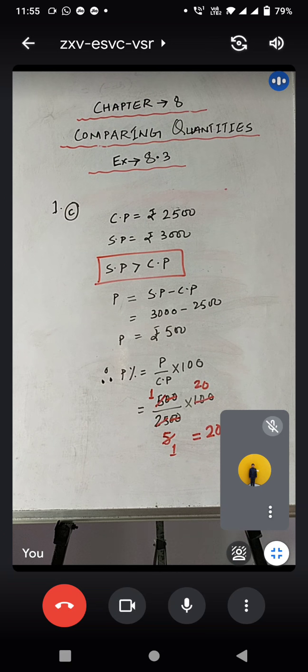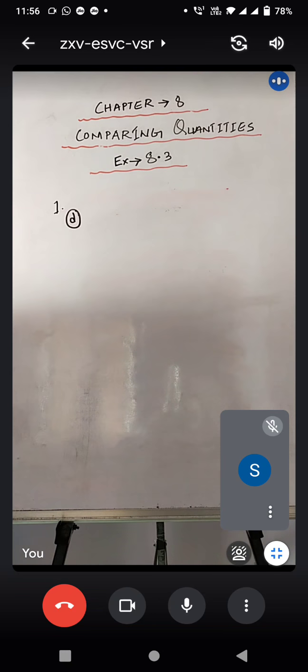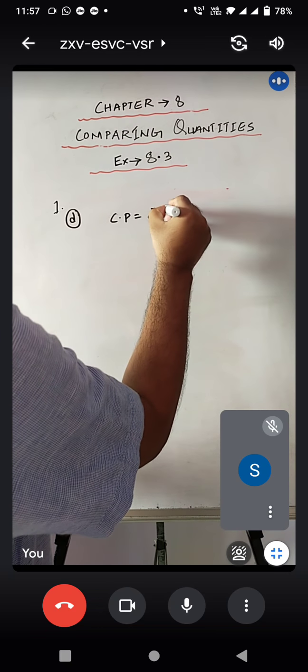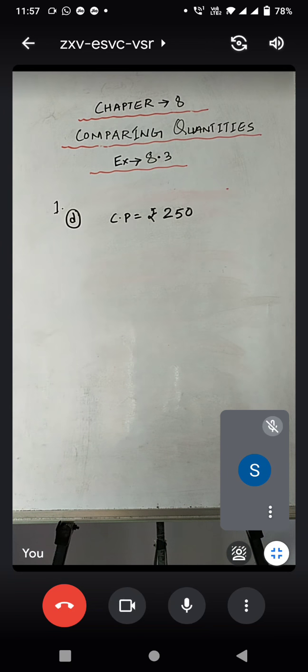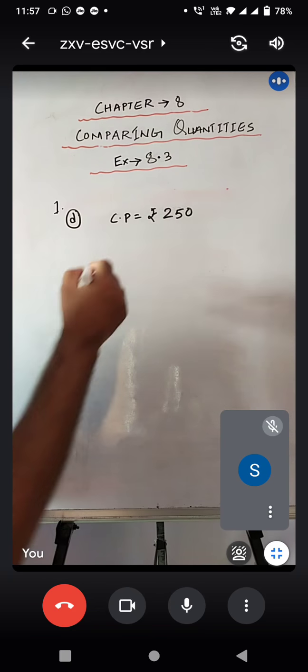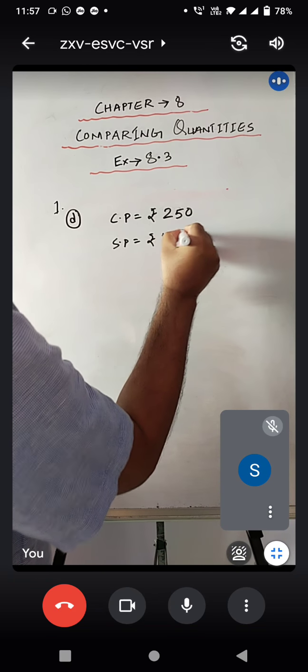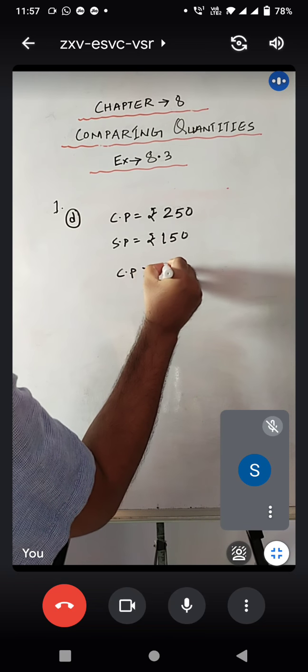Now let's move on to sum number D, which is the last sum of question number 1. In sum number D, a skirt bought for rupees 250. That is, the cost price of the skirt is given as 250 rupees, and sold at rupees 150. That is, the selling price of the skirt is rupees 150. In this case we see that CP is greater than SP.